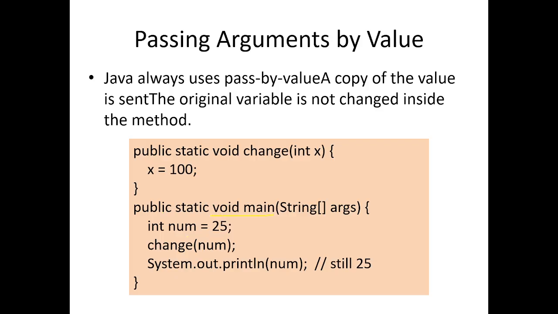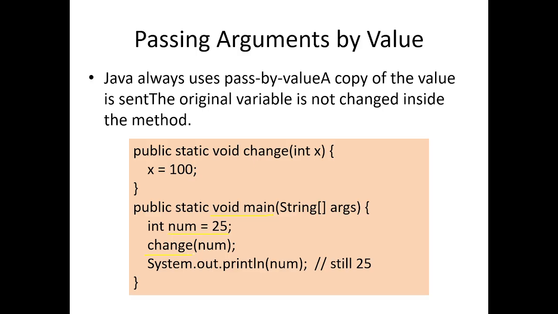Then we have this variable num equal 25. Then there is a call to this method, change. So where is this change? Inside this parenthesis, your parameter name is num.